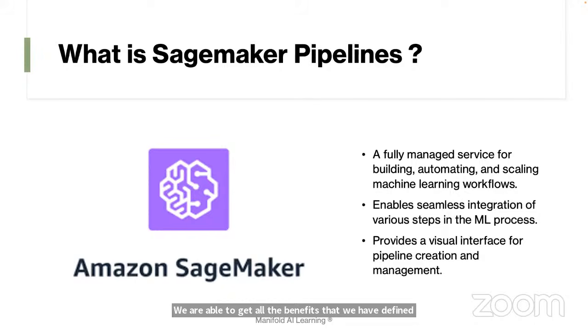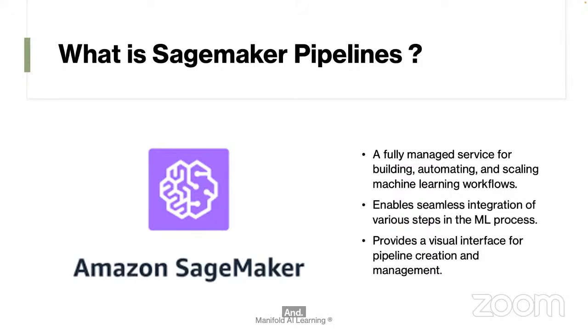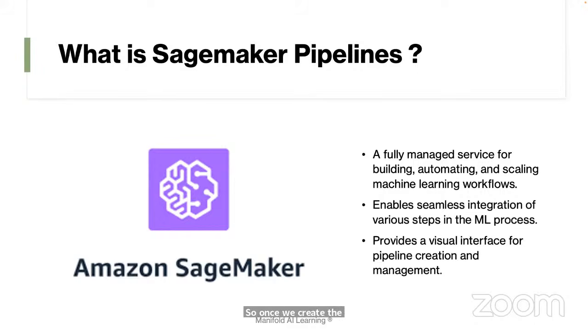And the best part is this SageMaker pipeline enables a seamless integration of various steps in the machine learning process. And this SageMaker pipeline provides the visual interface for pipeline creation and management. And we'll be seeing it in our hands-on. So once we create the pipeline and once we provide it to the SageMaker service, we can actually visualize how each of these steps would look like.